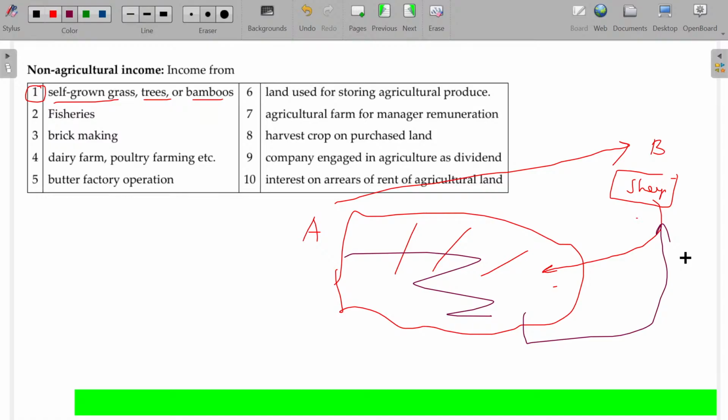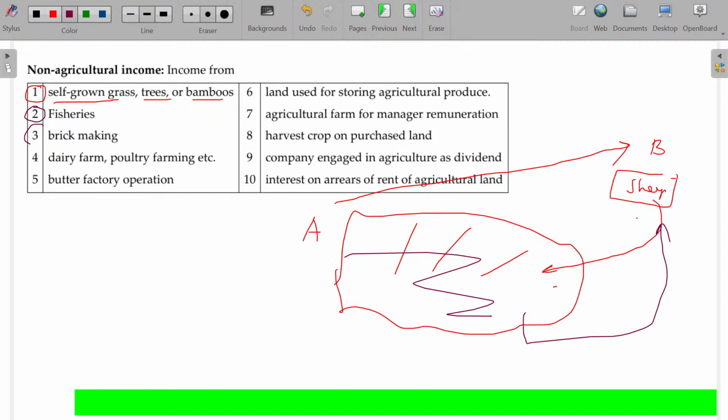Will you get the certification spontaneously on completion of 3 years? No, it will be sweat and toil to get it, right? The same happens here. Self-grown trees, grass, and bamboos, and selling those things after severing them from the land will not give us any agricultural income. That is considered as non-agricultural income.